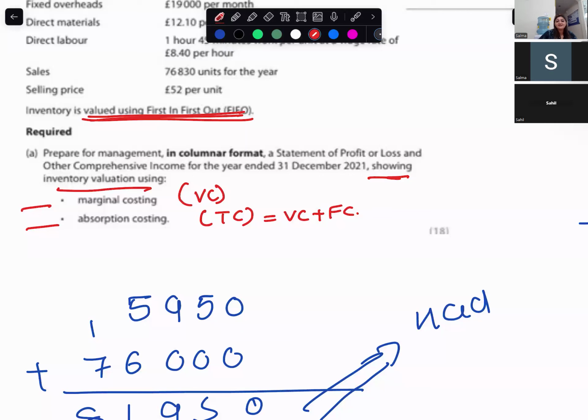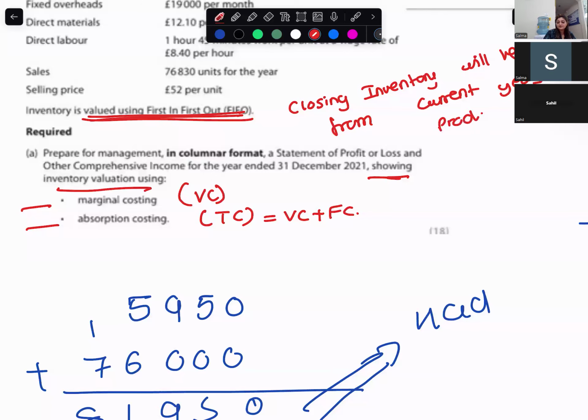That means the inventory from the beginning will be sold first, so closing inventory will be from the current year's production.